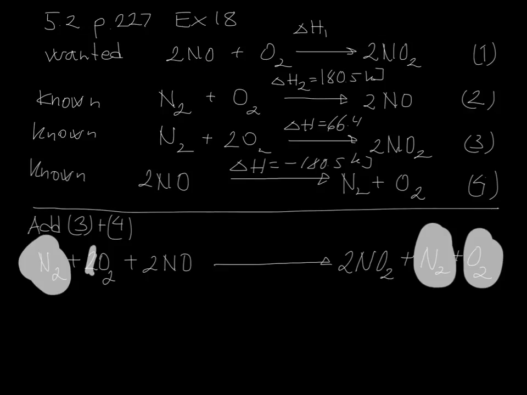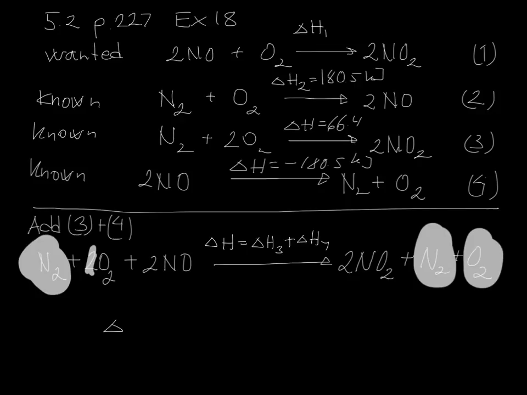2 nitrogen oxide plus oxygen gives 2 nitrogen dioxide. And the enthalpy change now for this reaction is, of course, equal to delta H3 plus delta H4.